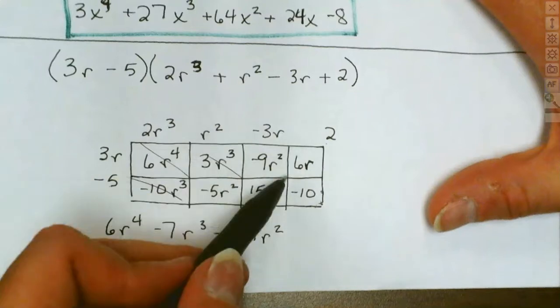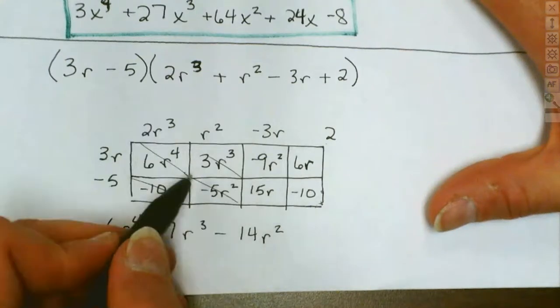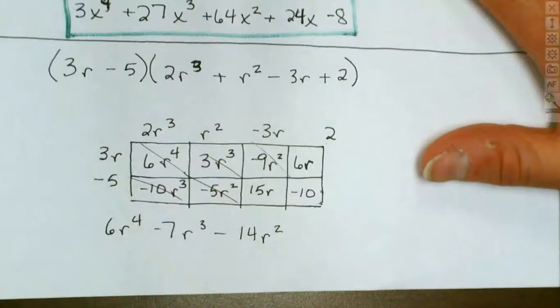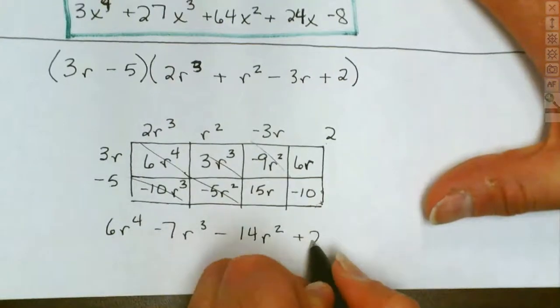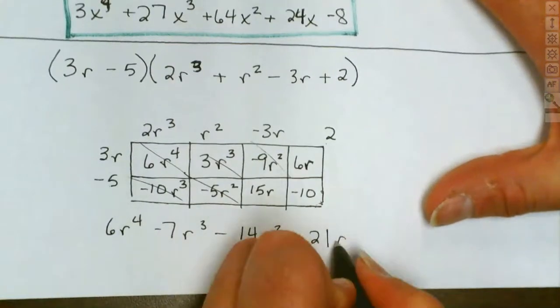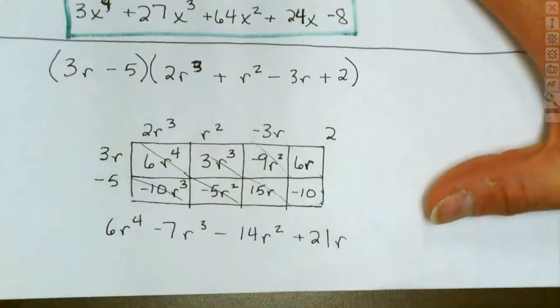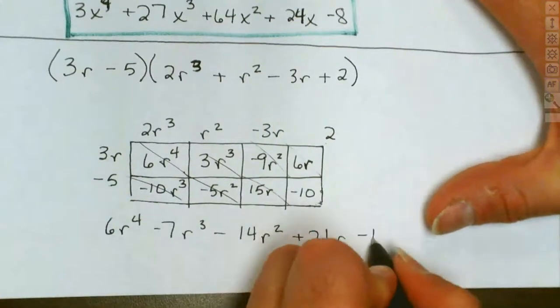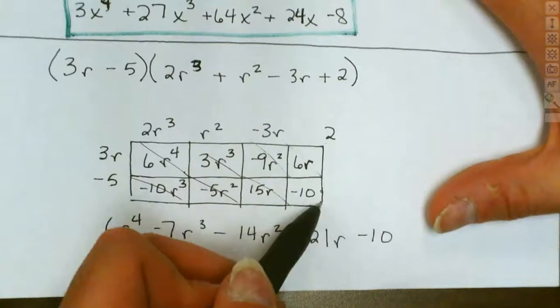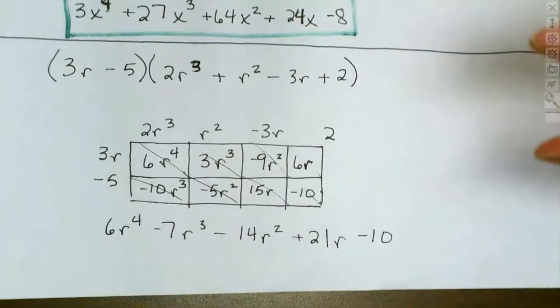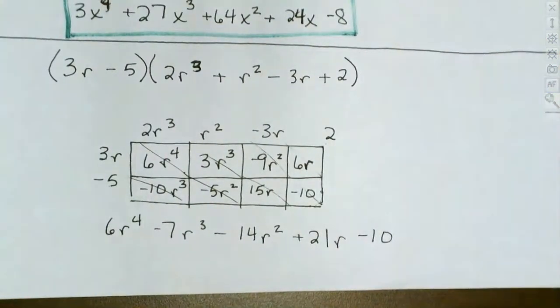Gone. And gone. Next, we have 15 and 6r. Add those together. That makes that a 21r. Gone. Gone. And what's left over? Negative 10. So there is your final finished answer.